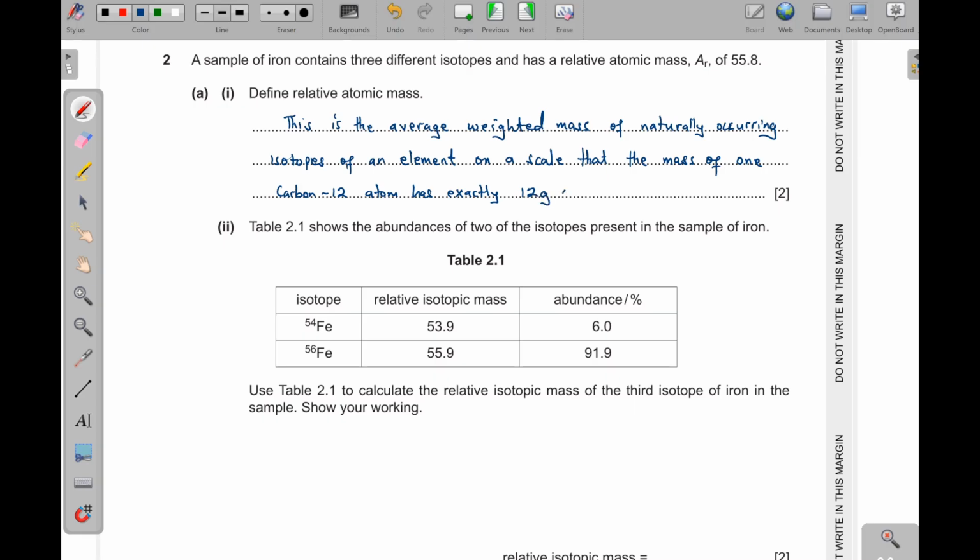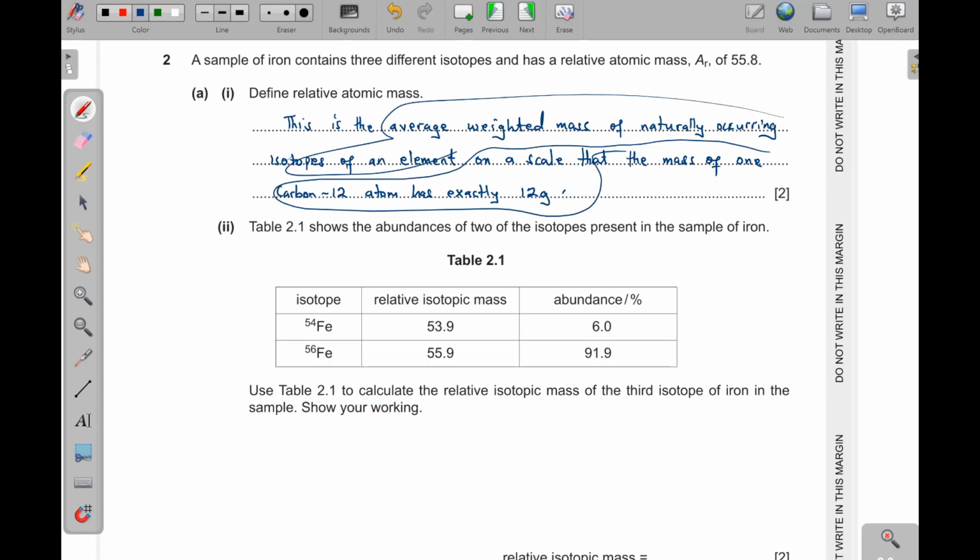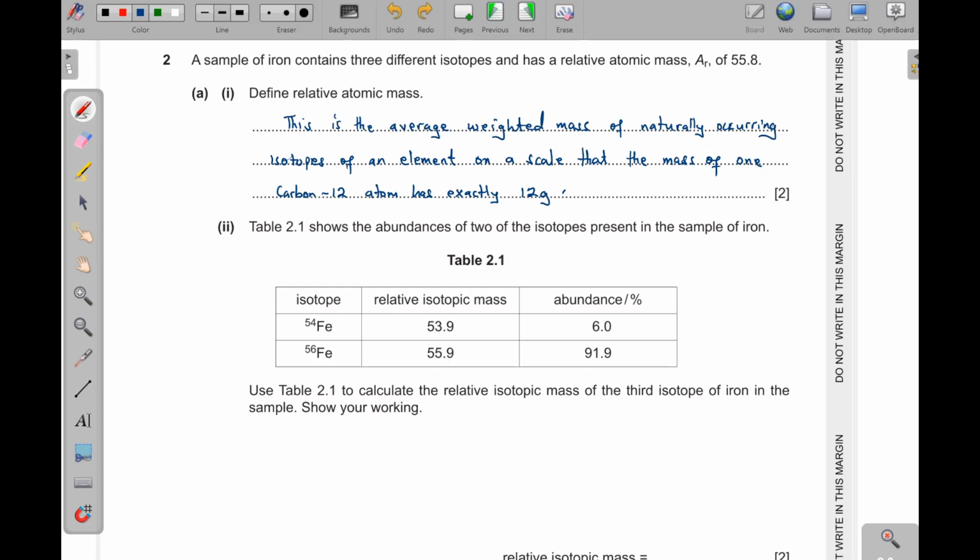Or you can say unified atomic mass unit, okay? And that is that. This one here takes actually 1 mark, and also this other one here takes 1 mark. So those are the 2 marks.